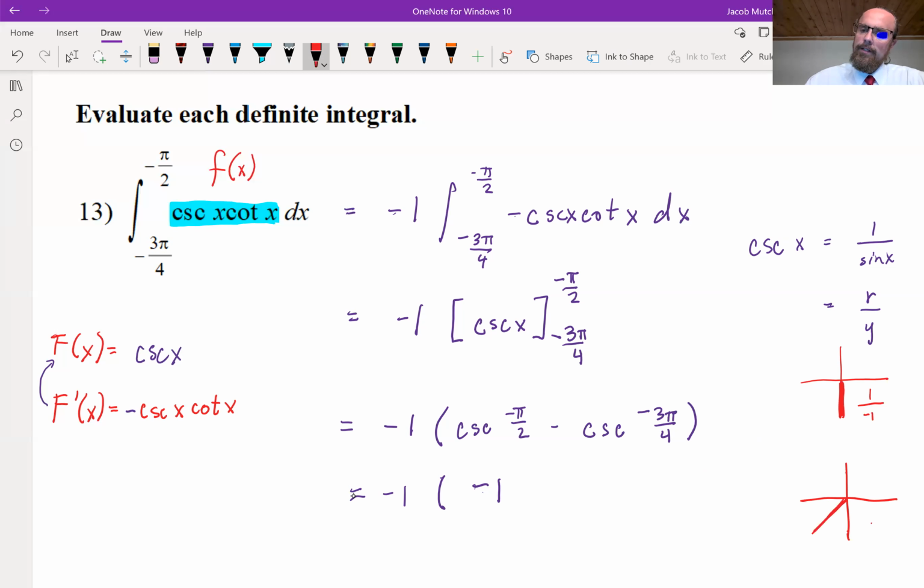It's a version of the 45. So if I think in terms of the y component, it's going to be negative square root of 2 over 2. And my radius again is always 1. So the value of cosecant at negative 3 pi over 4 is going to be 1 over negative square root of 2 over 2.